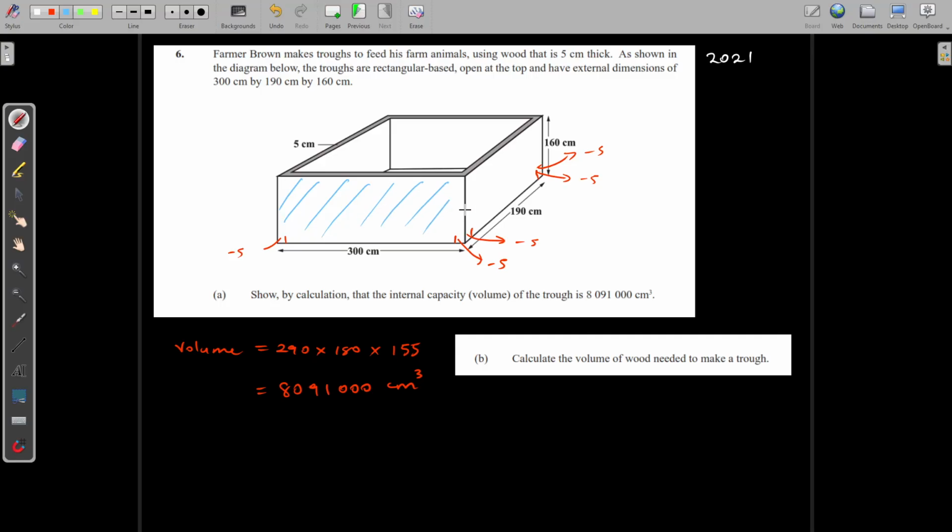So the volume of this piece would be, so 300 times, no, this question doesn't make sense.